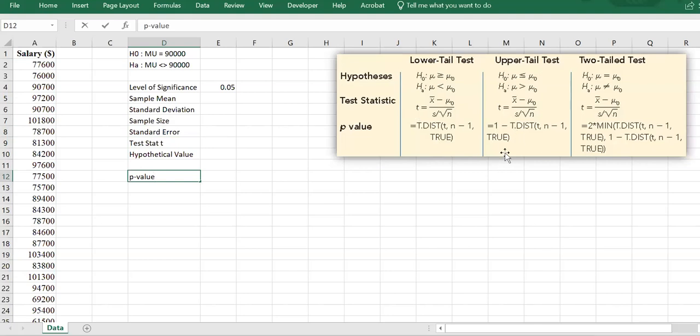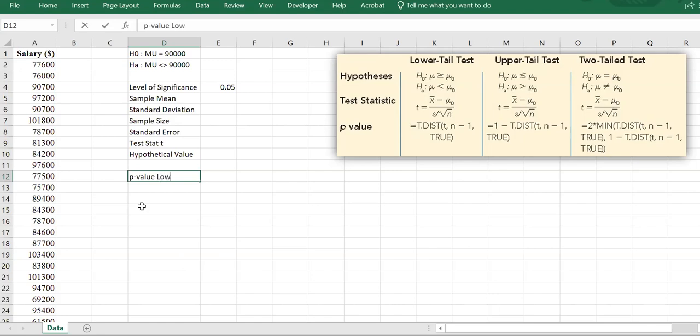Again, I'm going to find the p-value for lower-tailed, upper-tailed, and two-tailed tests. We don't have to, we can just apply the formula, but for the two-tailed test we need to use the one-tailed p-values, both lower tail and upper tail, and find the minimum value.